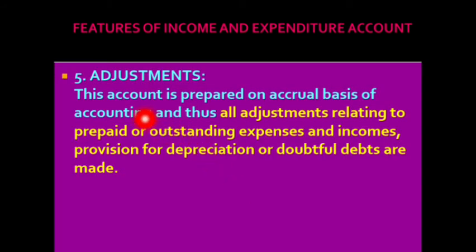The last feature related to income and expenditure account is adjustments. This account is prepared on accrual basis of accounting, and thus all adjustments relating to prepaid or outstanding expenses and incomes, provision for depreciation or doubtful debts are made. We saw that in receipts and payment account, we will not record such transactions like outstanding, provisions and prepaid.